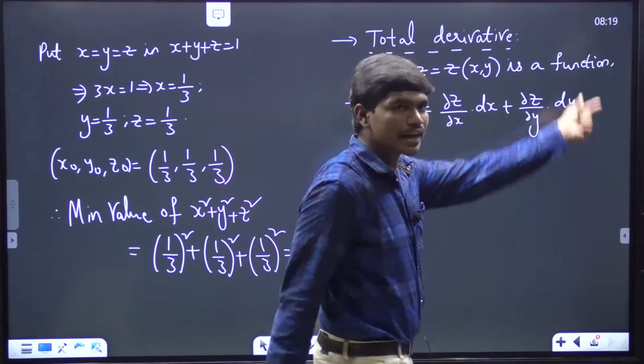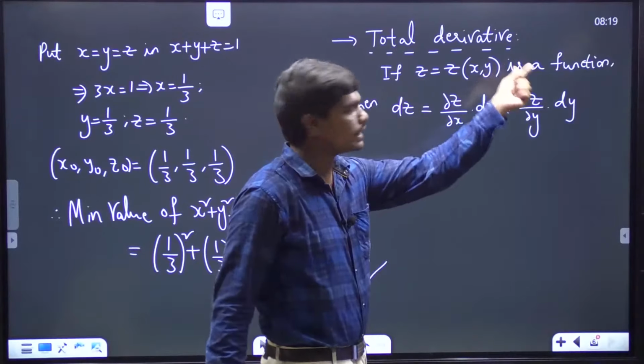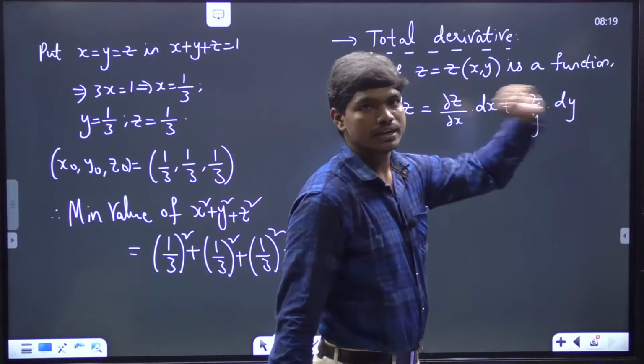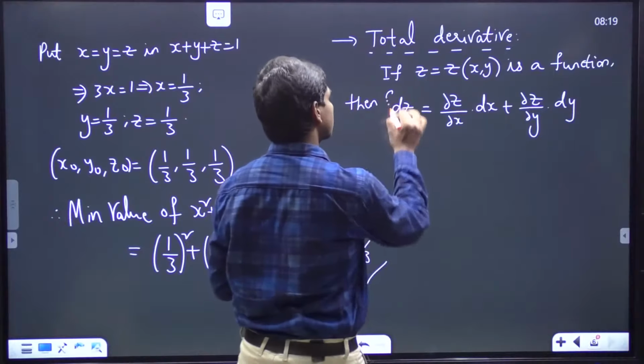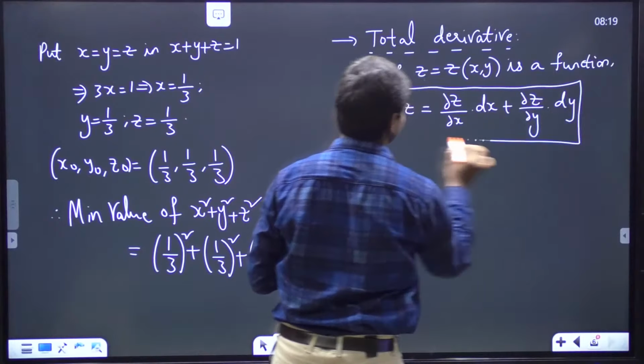If there is one more variable, suppose k, with x, y, k, then plus dou z by dou k into dk. Okay. So like this, the function can be differentiated completely as per this rule.